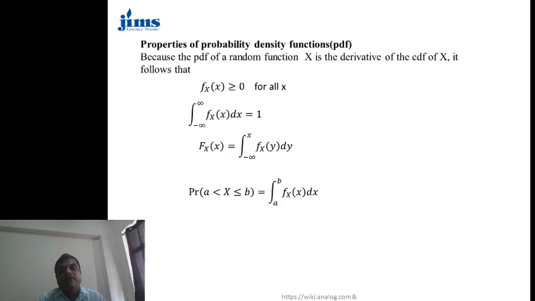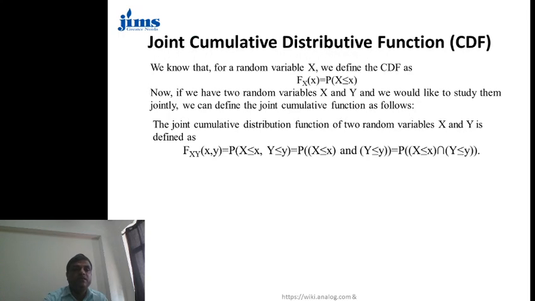And F(x) is equal to the integral from minus infinity to x of f(y) dy. It means f is a function of y. Similarly, the probability of x lying between a and b is equal to the integration of the PDF f(x) dx from a to b with respect to x. So these are basically the properties.